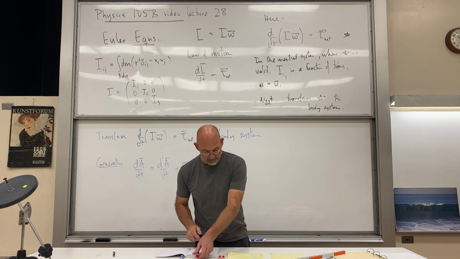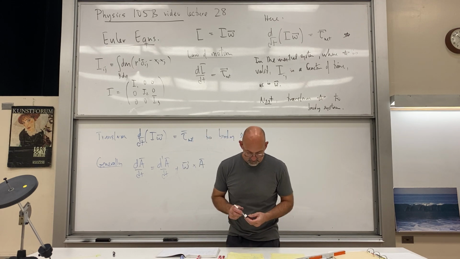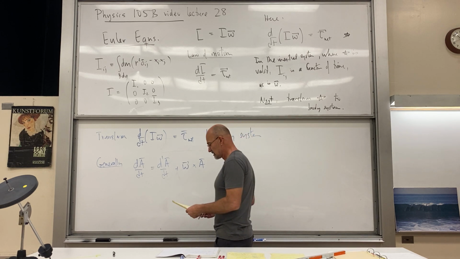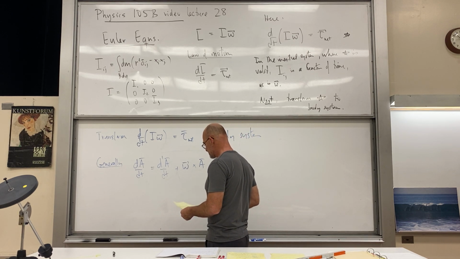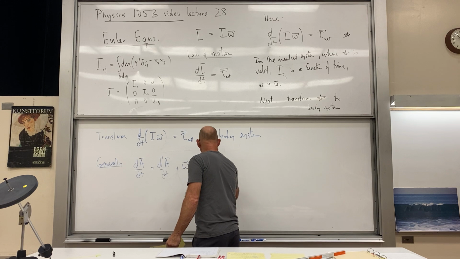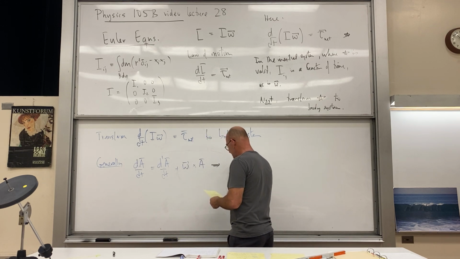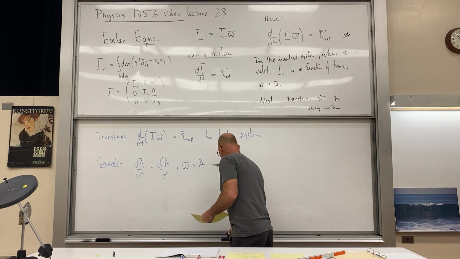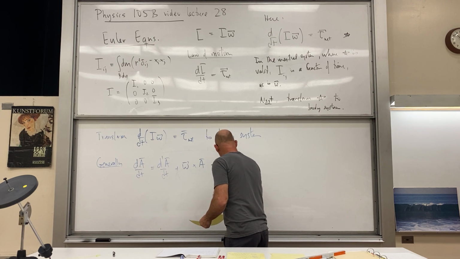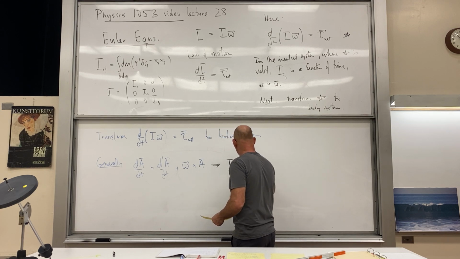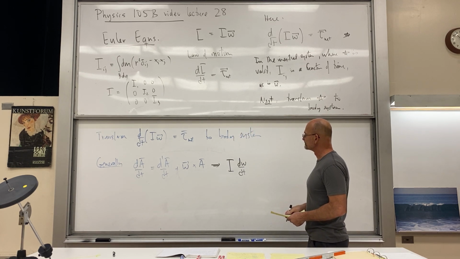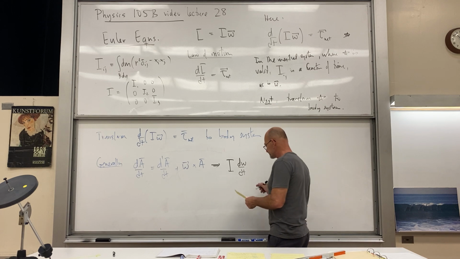So let's see. Plus or minus omega cross A. This is fine. In fact, I can skip a step. See, in the body system, I is a constant, so this is the left side of our equation for the first part.